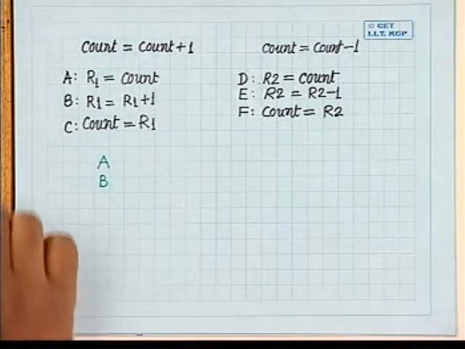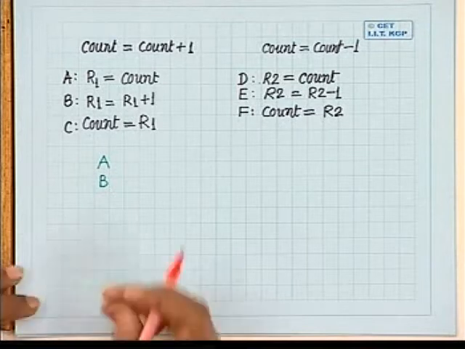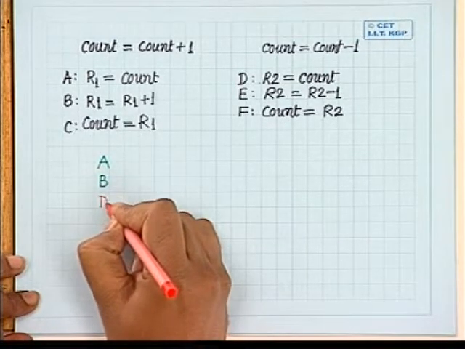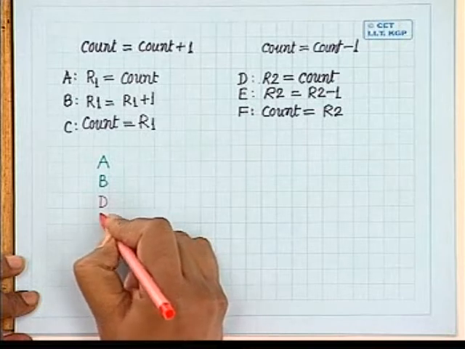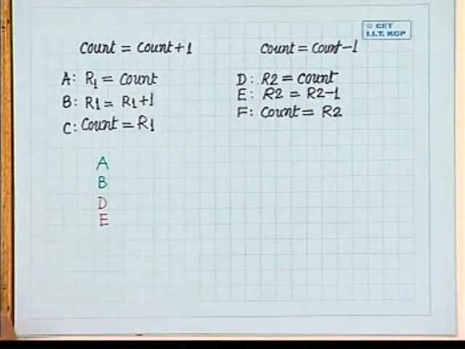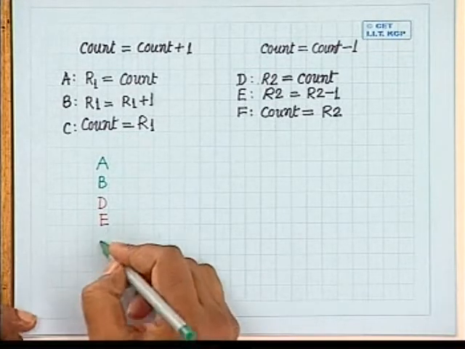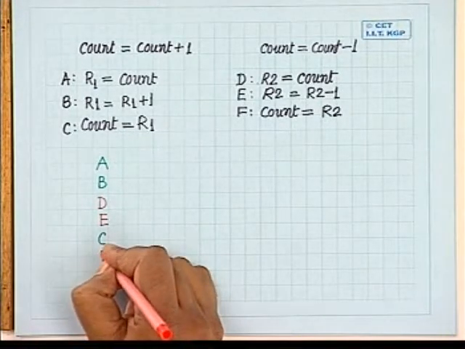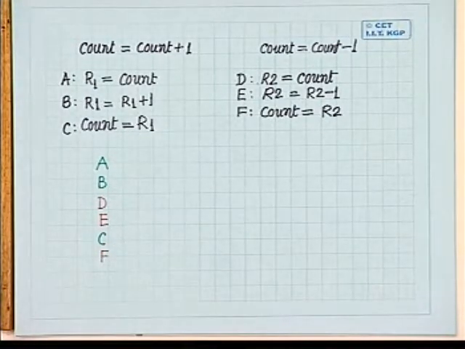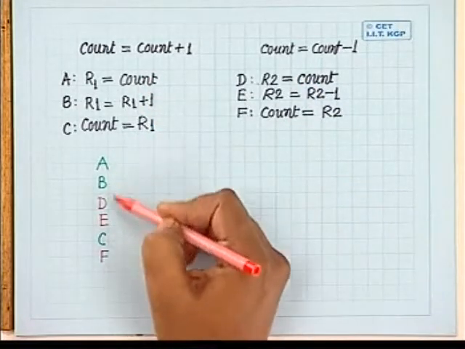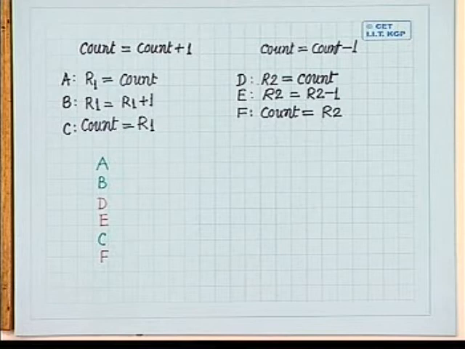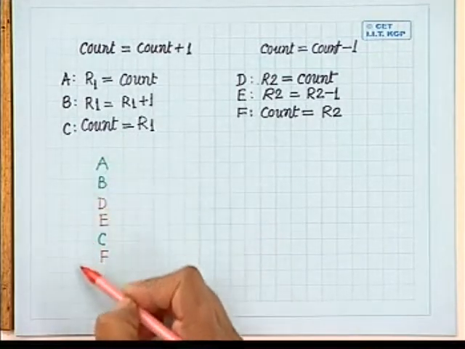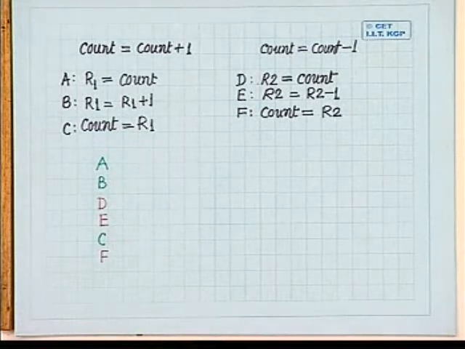After that, the statement which is executed is D from the consumer process, E from the consumer process, followed by C from the producer process, followed by F from the consumer process. There is a possible scheduling. The CPU scheduler or the process scheduler may schedule these tasks in this interleaved manner. So when the task is scheduled in this interleaved manner, let us see what problem we can face.